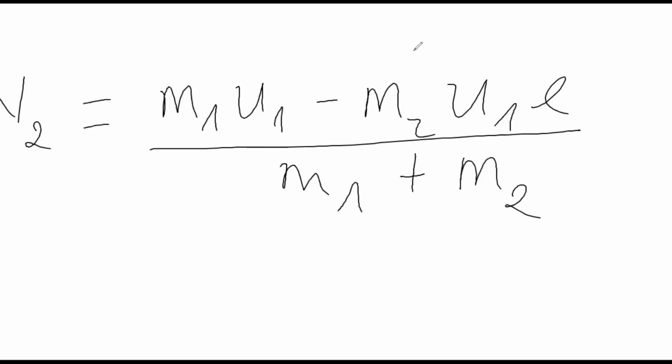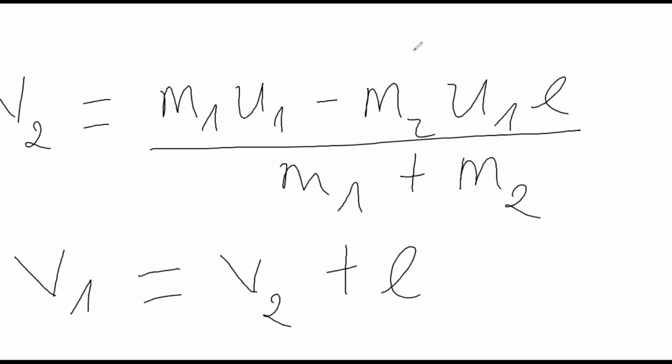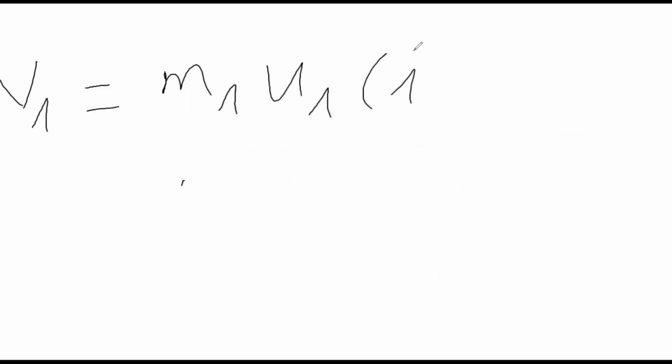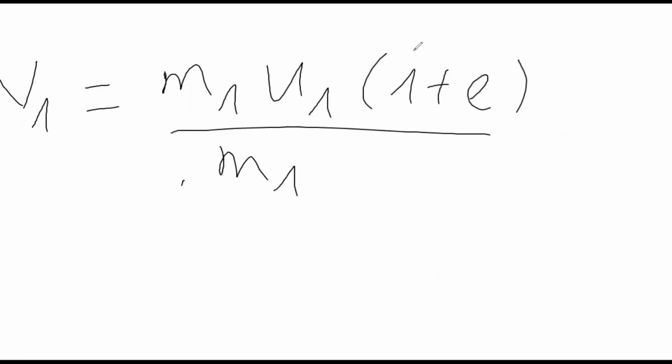In a similar way, you can determine v1. We know that v1 is equal to v2 plus e u1. When you substitute that and simplify everything, you have v1 to be m1 u1 into 1 plus e divided by m1 plus m2.